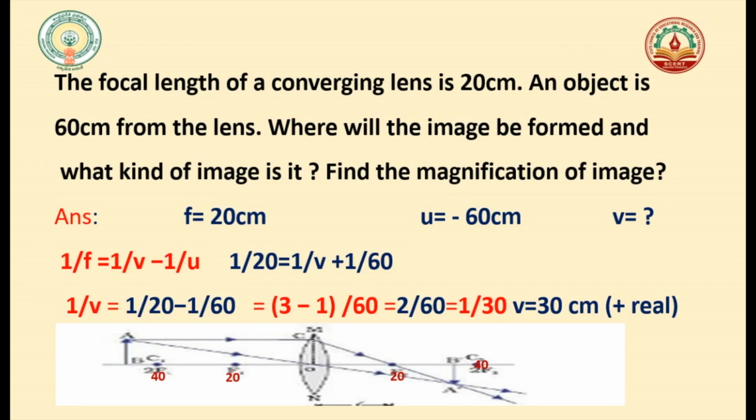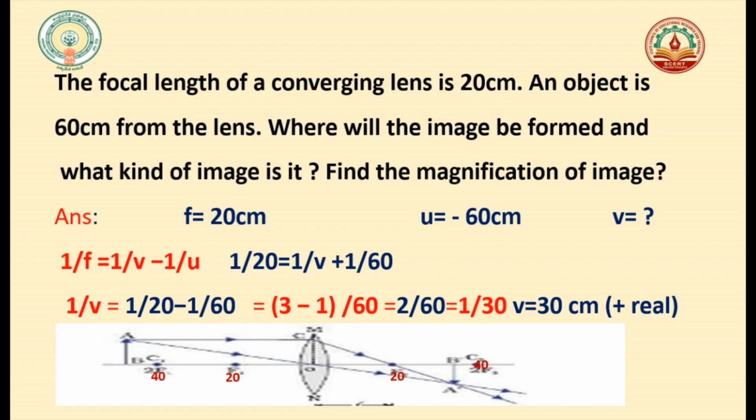Without solving the problem, we can come to a conclusion about the nature of the image and where it may be found. Because the focal length is 20 centimeters, what is the radius of curvature? 40 centimeters. C will be at 40 centimeters.